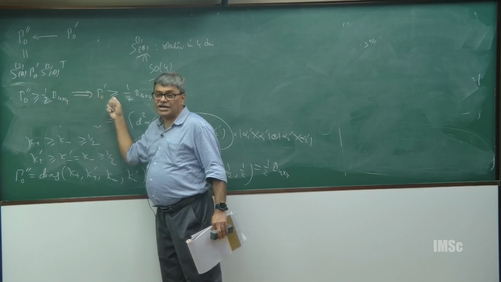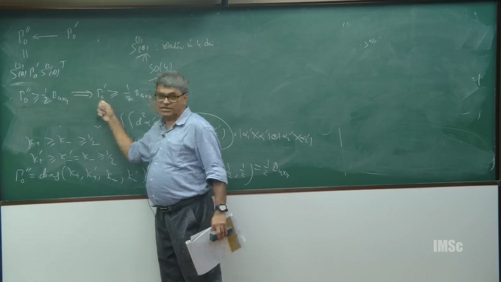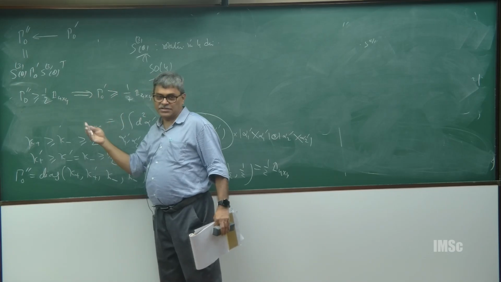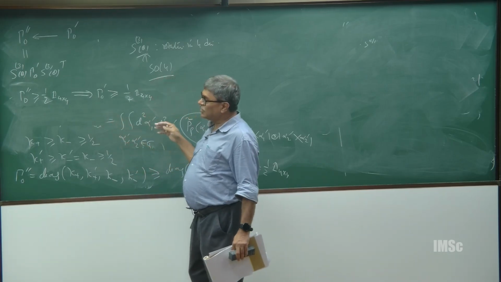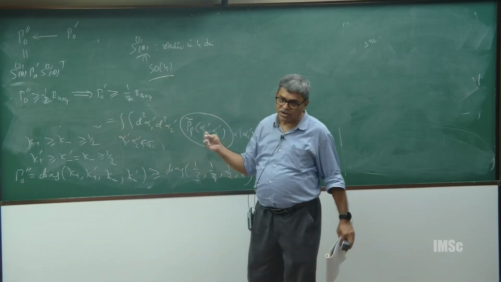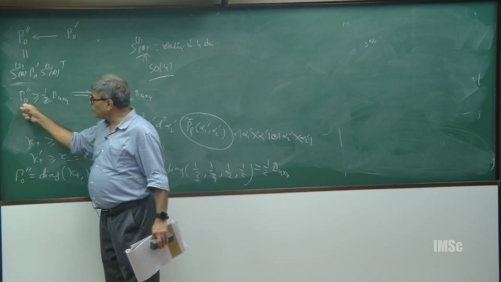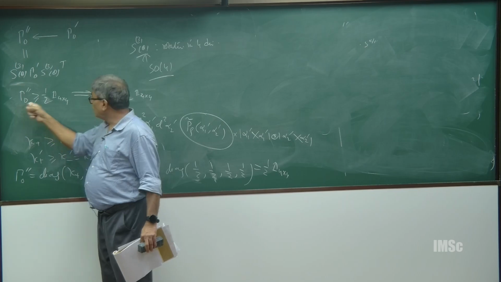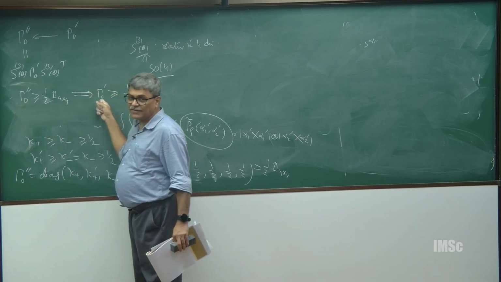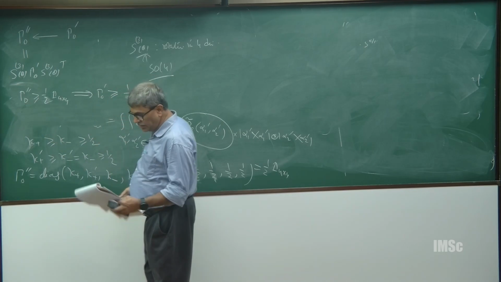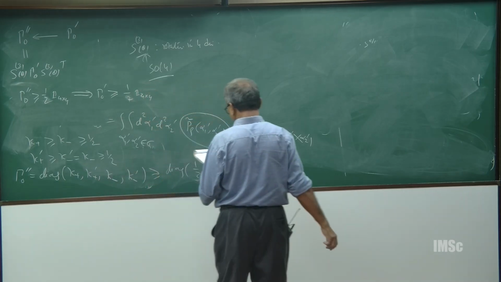Because under beam splitter action, that classical nature will not change, and Gaussian nature will also not change, because beam splitter action is generated by a quadratic Hamiltonian. So, Gaussianity property will also not change. Okay, right.